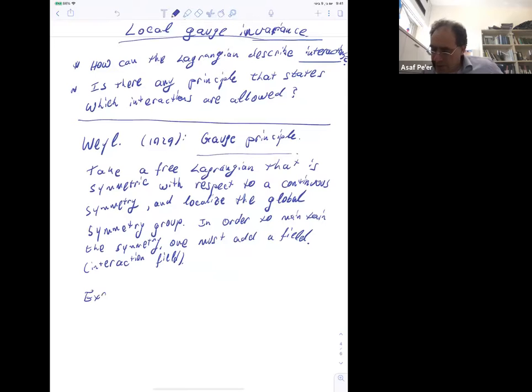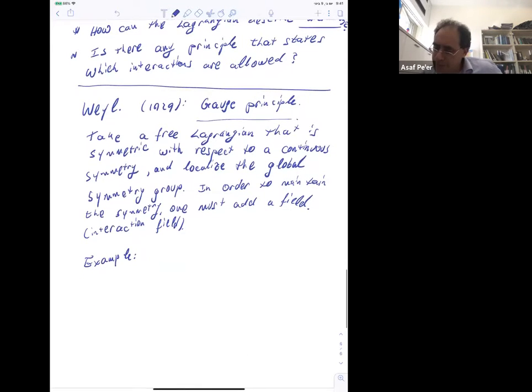A simple example, classical, of course. Let's say we have a function f of x. Now, we assume that the space is uniform. This is what we normally assume; we don't say anything about space.